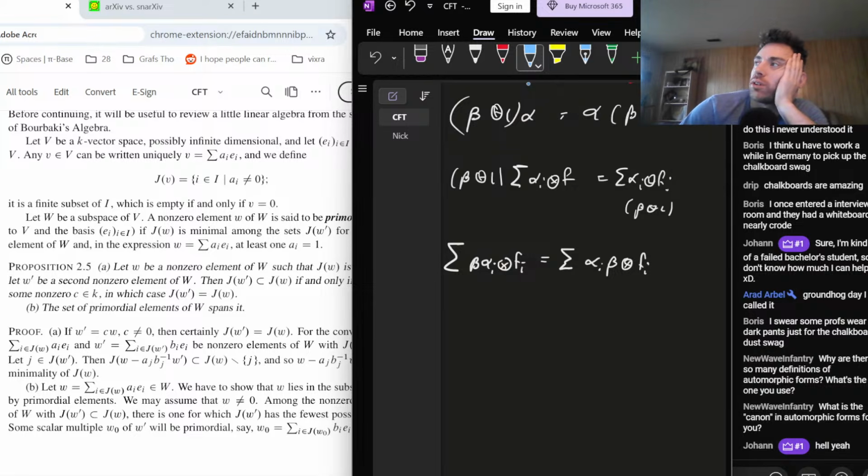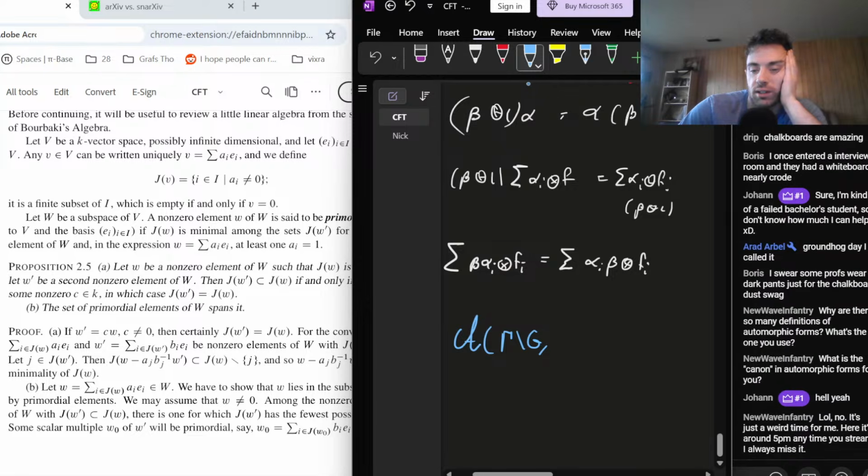I'm trying to think. I mean, the full space of automorphic forms. I think I refer to Bump, so it's like... No, I can't even tell you right now. Oh, it's just a weird time for you. Okay.